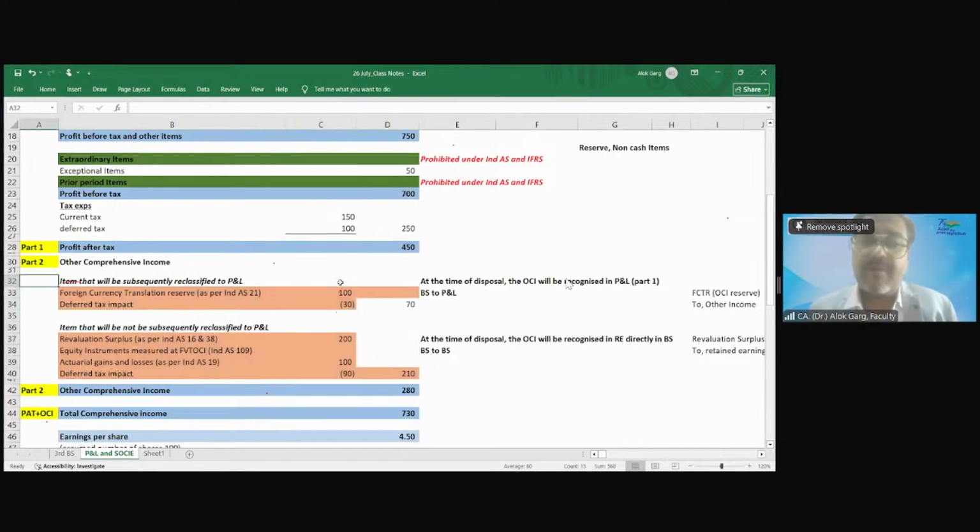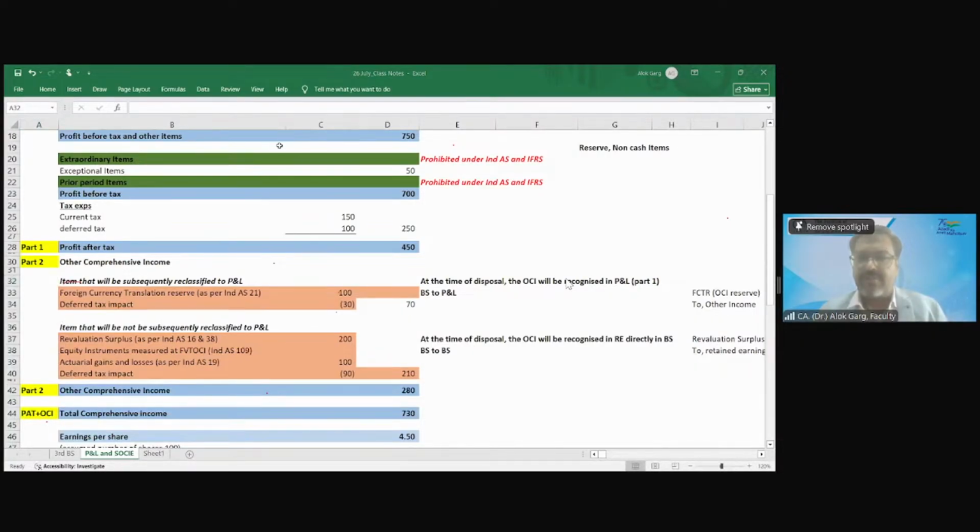Okay, friends, this other comprehensive income section has been bifurcated into 2 parts. Items that will be subsequently reclassified to P&L, and items that will not be subsequently reclassified to P&L. What does it mean? Friends, Ind AS 21 says that, for example, at the time when you are consolidating, what do you do every year?